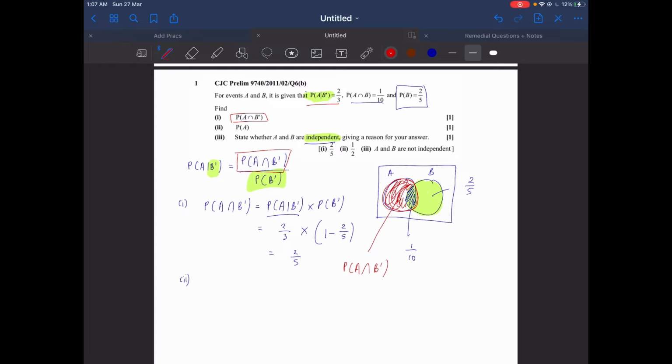So in order to find this out, I would suggest you draw this first in order to visualize it. So let's draw this together. So B prime would be the area that's outside B. So anything outside B. And A would be A here. So you see the part where both are overlapping would be this, the blue section.